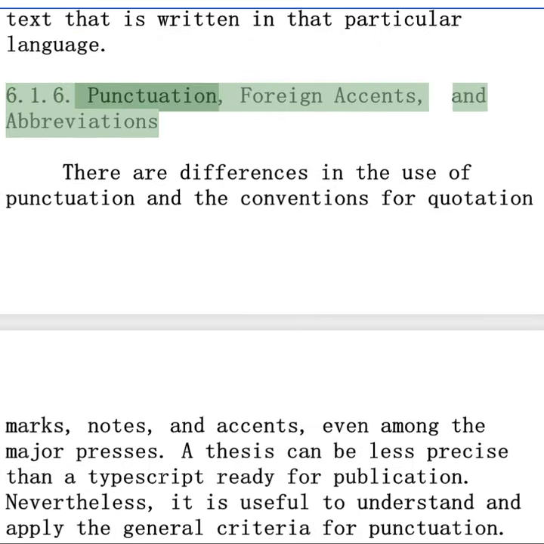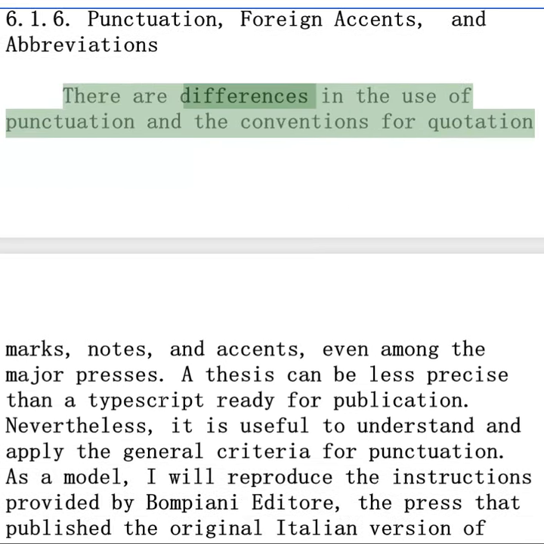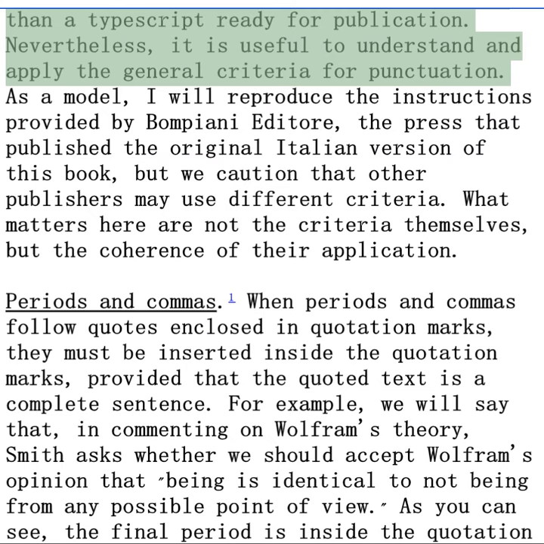6.1.6 Punctuation, Foreign Accents, and Abbreviations. There are differences in the use of punctuation and the conventions for quotation marks, notes, and accents even among the major presses. A thesis can be less precise than a typescript ready for publication.